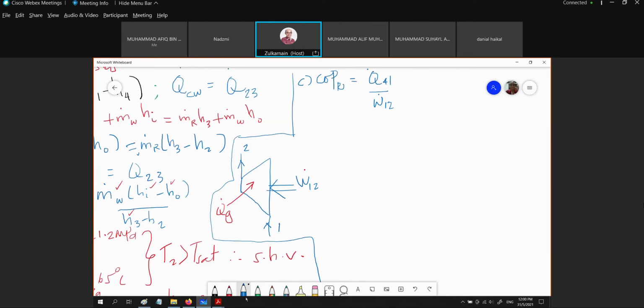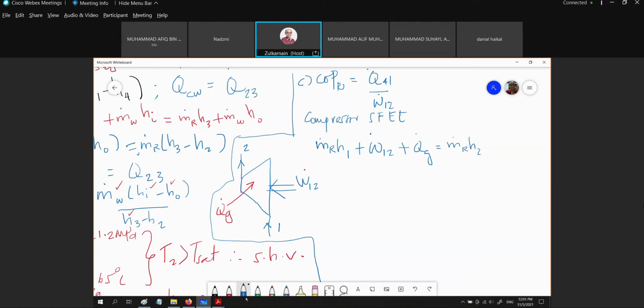So we need to put the Q dot G in our energy balance. So if we look at the compressor, SFEE, then what we could have right here is M dot R H1 plus W dot 12 plus Q dot G equal to M dot R H2.